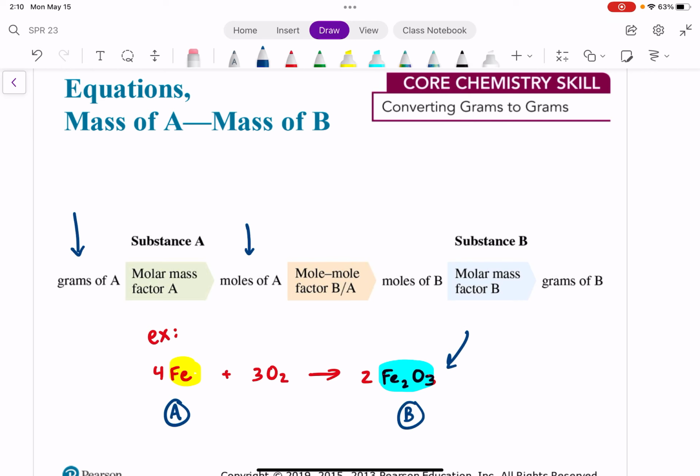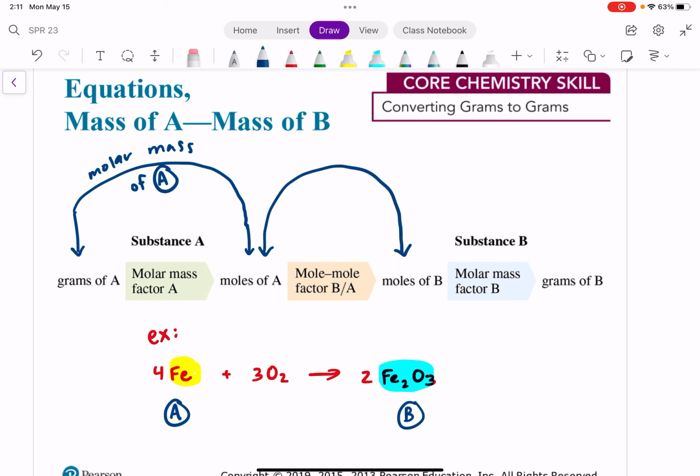So in order to get from A to B, we need to convert to moles first. How do we convert from grams to moles? Well, we can use our molar mass. Molar mass of what? Of A. All right, so now we're in moles of substance A, and we want to get to moles of substance B. Do we have a way to do that?